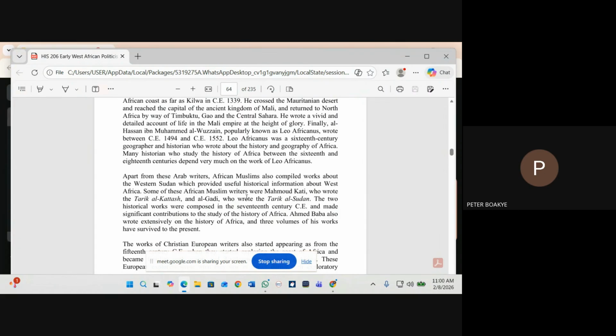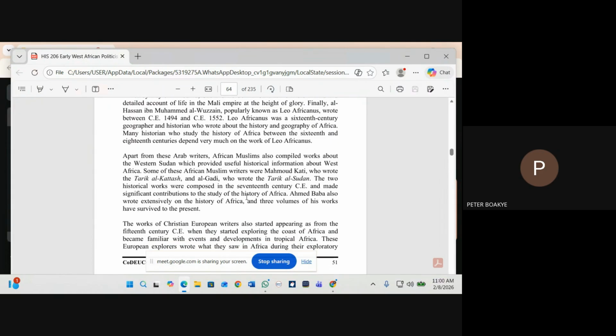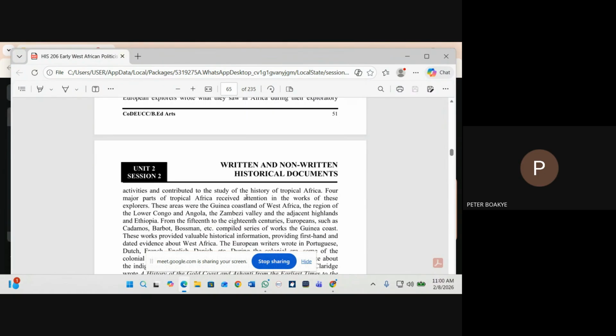Some of them were Mahmud Kati, who wrote the Tarikh al-Fattash, and Al-Sadi, who wrote the Tarikh al-Sudan. These two historical works were composed in the 17th century and made significant contributions to the study of African history that I need to draw your attention to.